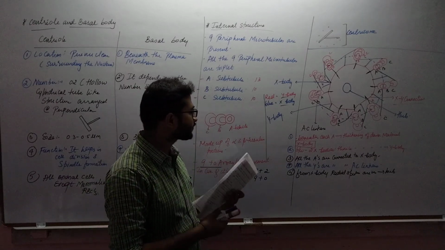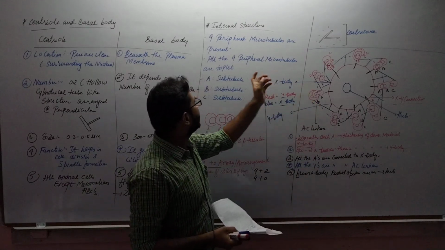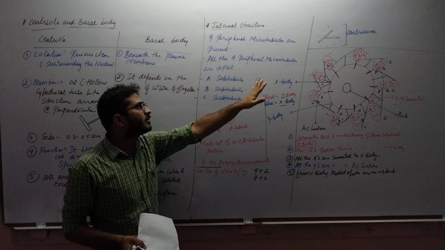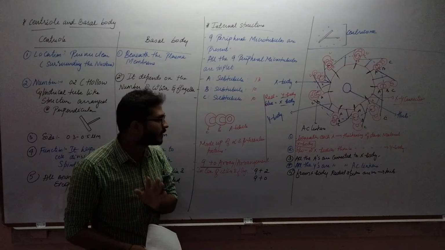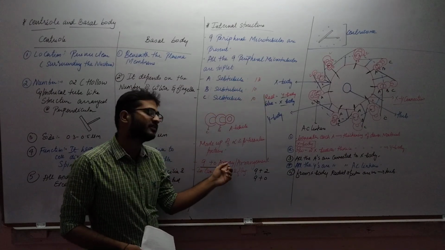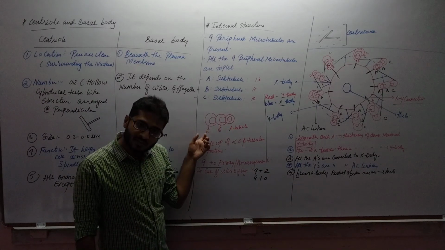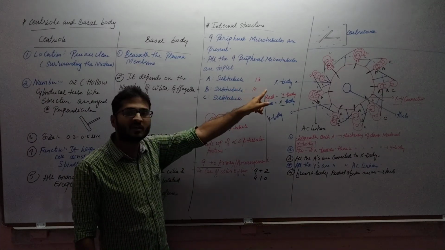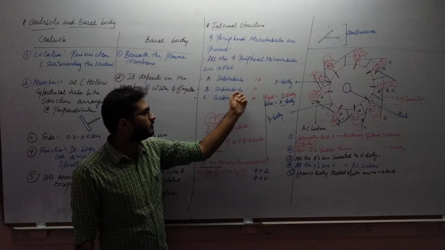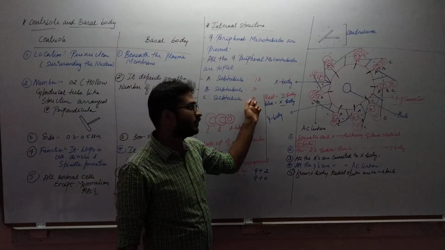So once again, it is made up of 9 peripheral microtubules. Central microtubules are absent. So the arrangement is 9 plus 0. A, B and C subtubules are there. A is made up of 13 protofilaments, B of 10, C also of 10 protofilaments.